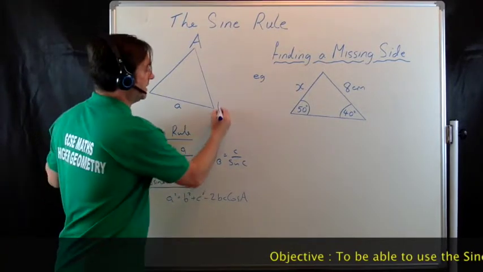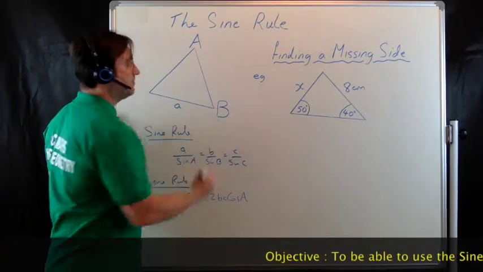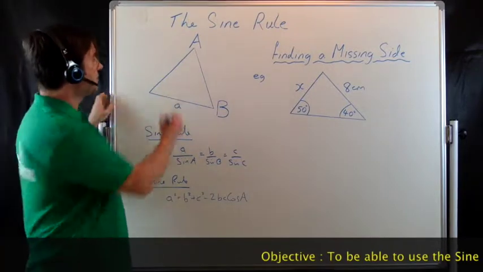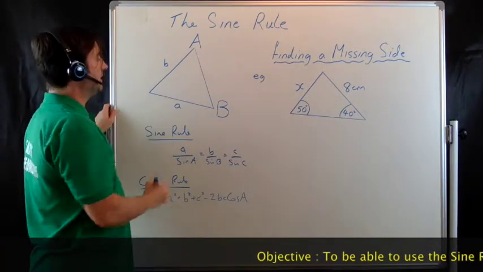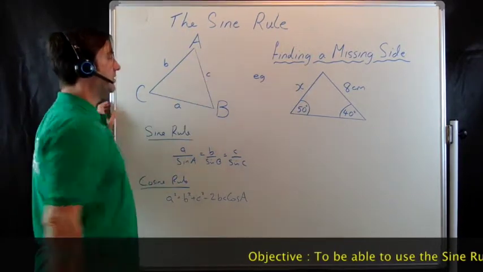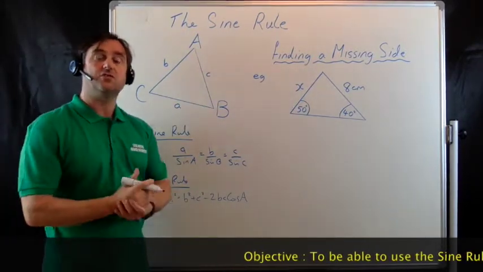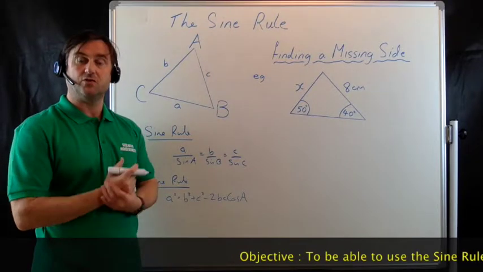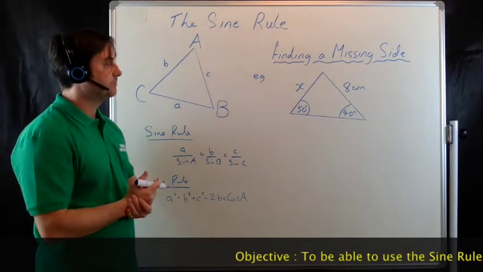This angle here we can label as uppercase B, and the side that's opposite it lowercase b. And then finally you'll have uppercase C and lowercase c. That's how you've got to get used to labelling these triangles when you're using sine and cosine rules.